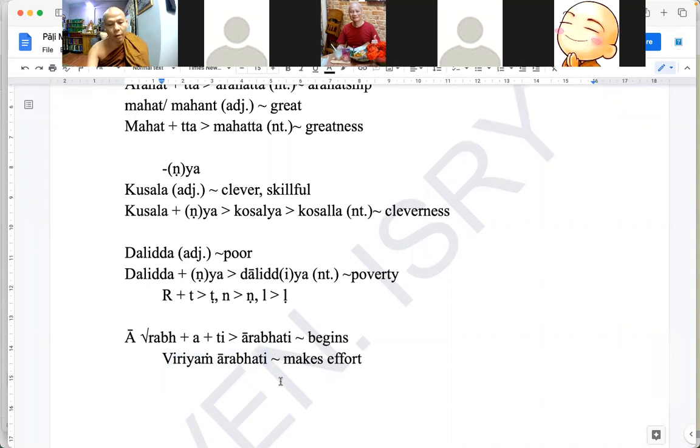The past participle form is a, root rabh, and the past participle suffix ta. Here bha is changed to dha, so we have araddha in this way.